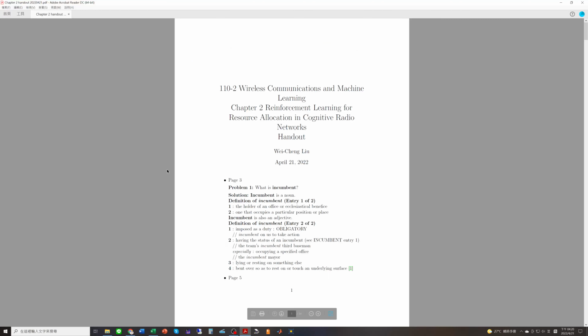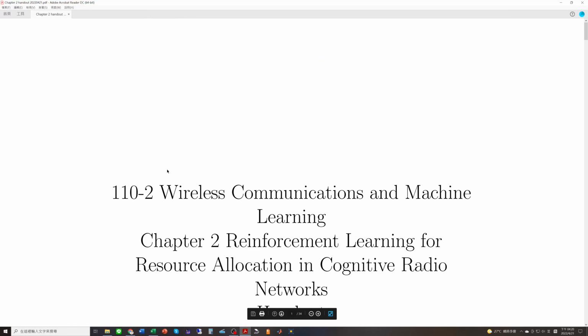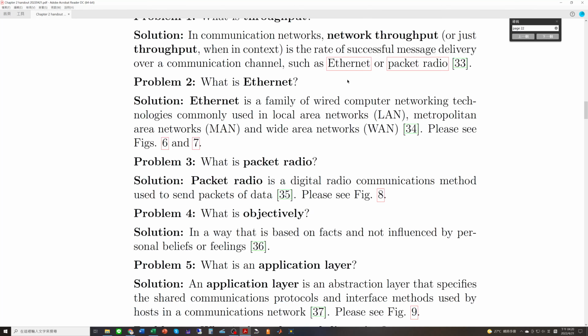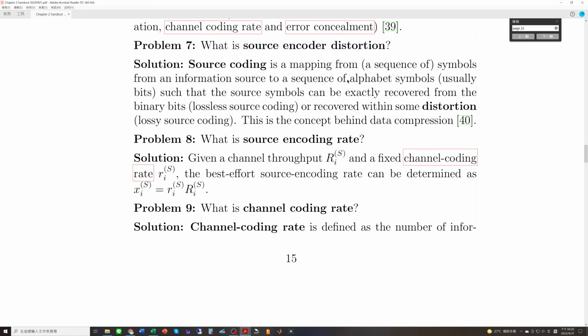Please open the handout of Chapter 2 and go to page 22, problem 8. What is source encoding rate? In the last class we discussed this problem 8, I still did not find the answer, but now I know the answer.